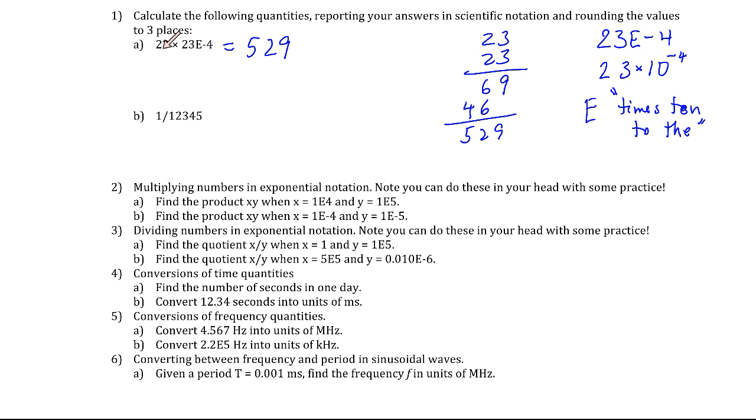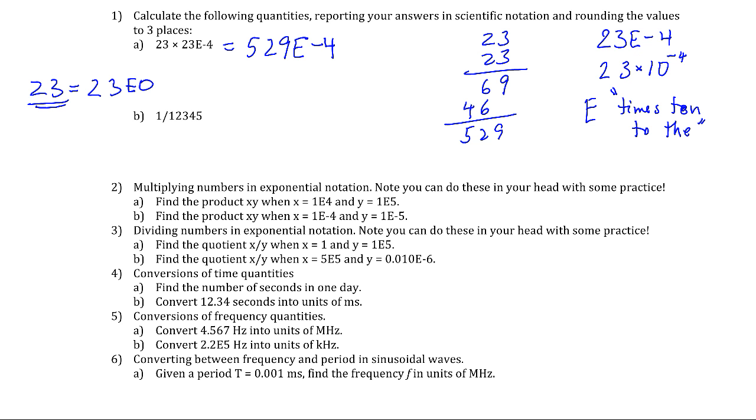I didn't have any exponent on the 23. You could think of the 23 as 23e to the 0, because times 10 to the 0, where 10 to the 0 is 1, and times 1 is the same number. Okay? And so this is 529e to the minus 4.